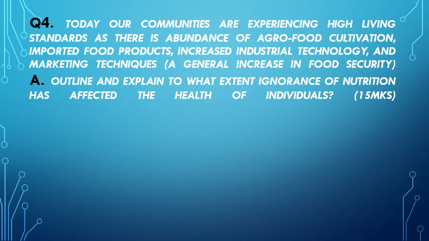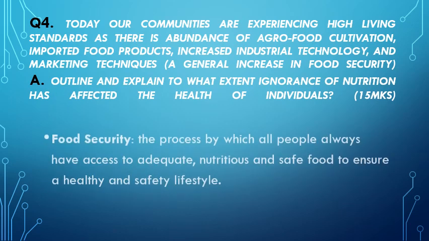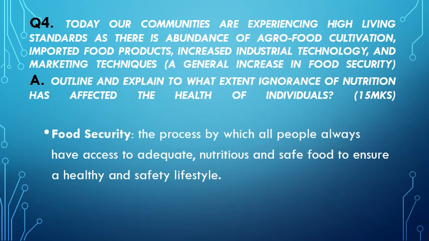So those are all measures to ensure what? Measures to ensure food security and prevent what? Food insecurity. Right? Now, before we dive into it properly, let us first of all digest what food security is all about. When we talk of food security, what do we mean?